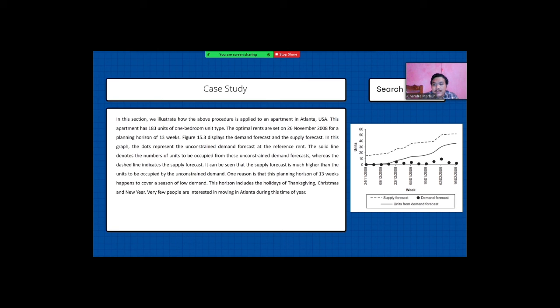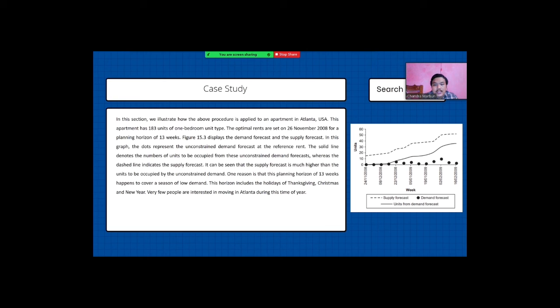In this graph, the dots represent the unconstrained demand forecast at the reference rent. The solid line denotes the number of units to be occupied from this unconstrained demand forecast, whereas the dashed line indicates the supply forecast. It can be seen that the supply forecast is much higher than the units to be occupied by the unconstrained demand.